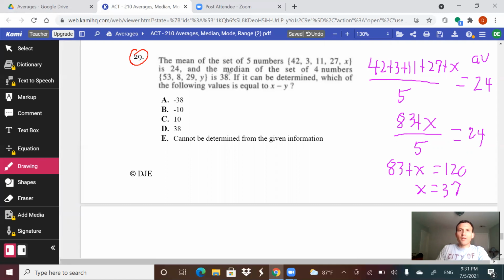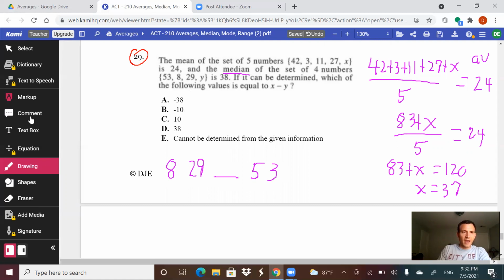Okay? And then the second data set, the median is 38. So if you remember, a median on an even data set has to be the average of the middle two numbers. So we have 8 at the bottom, 53 at the top. 29 is going to be the second number. How do I know that? Because my median is 38, which is 9 above 29. So what's my other number have to be?